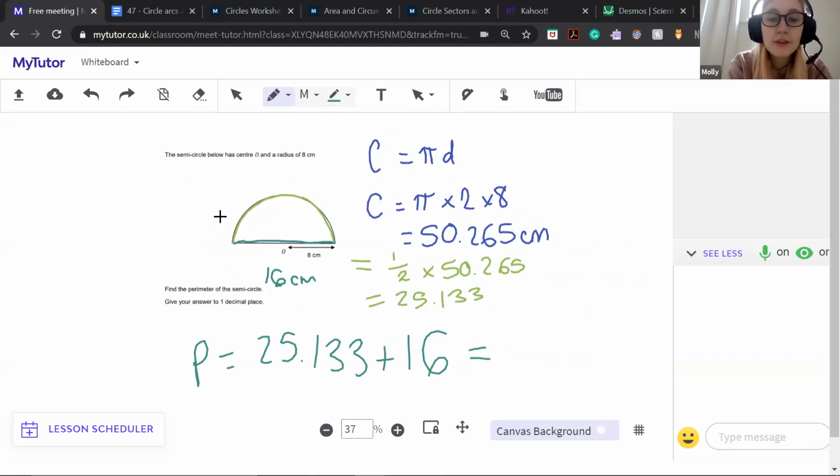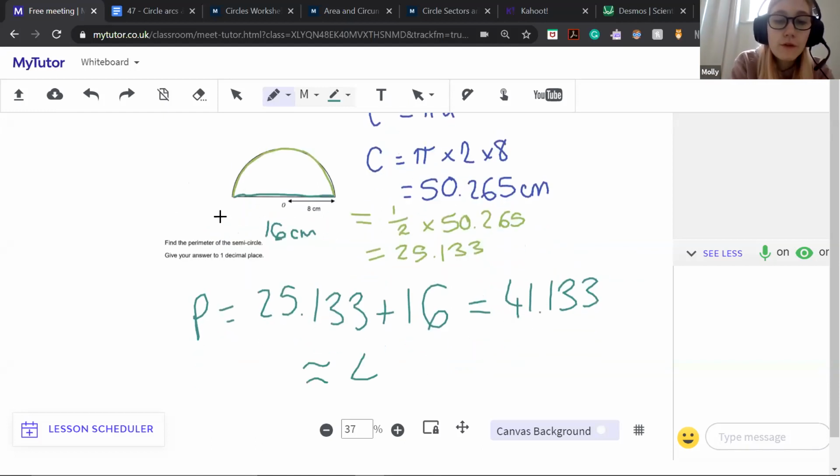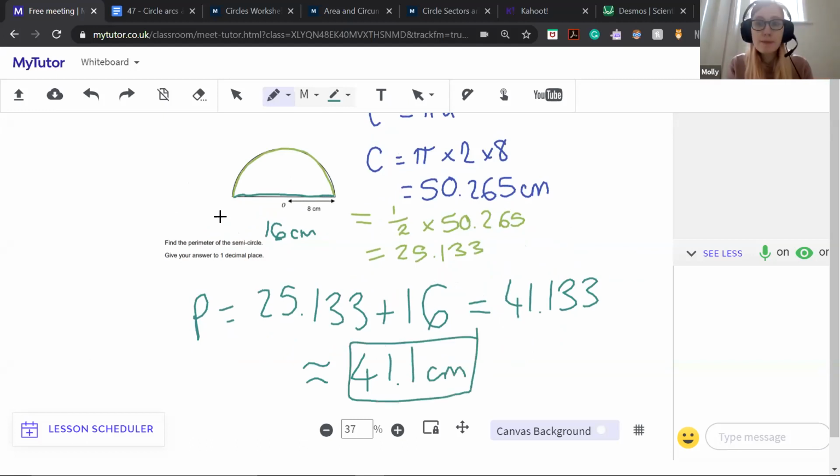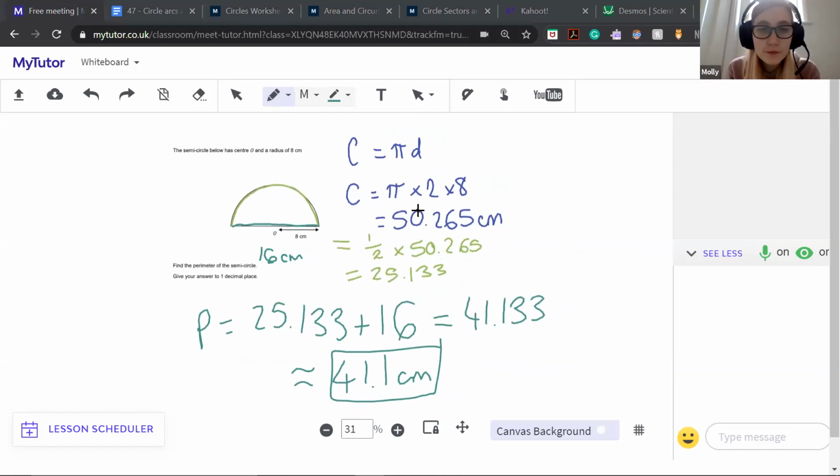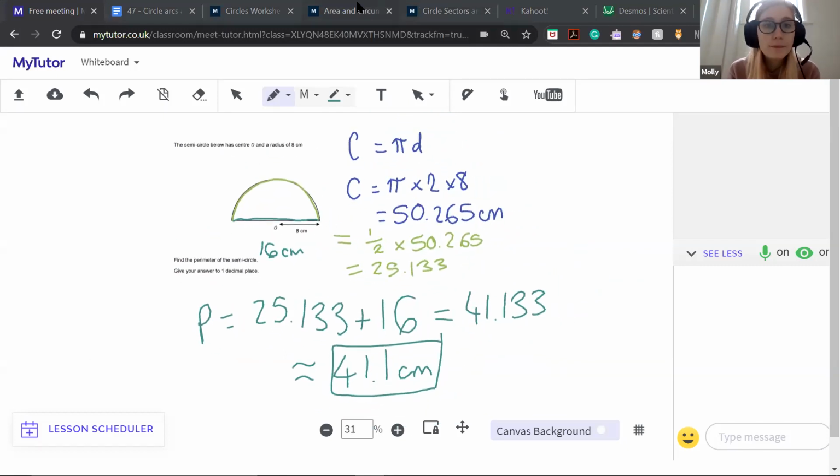And that's going to give us 41.133, or to 1 decimal place, 41.1 centimeters, which a couple of people got really quickly, which is fantastic. So well done. So hopefully that makes sense, how we did that one.